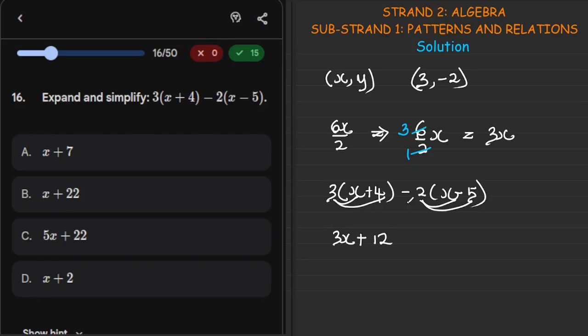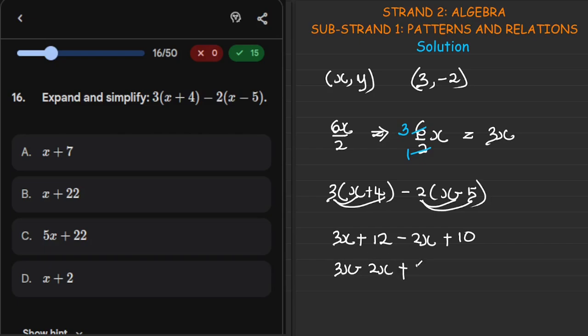Then we have a negative 2 times x, which gives us a negative 2x. And then negative 2 also times a negative 5. Negative times negative gives us a positive, and 2 times 5 gives us 10. So with this, we group like terms and simplify. Grouping like terms, we have 3x minus 2x.